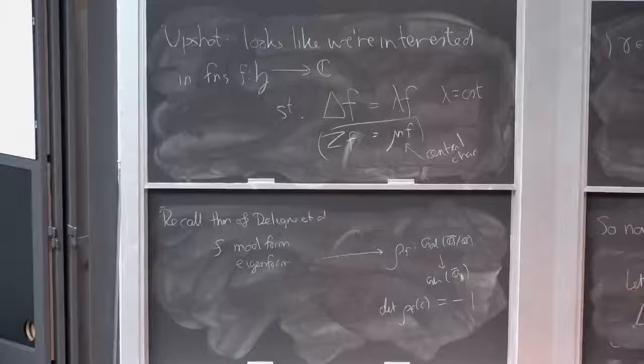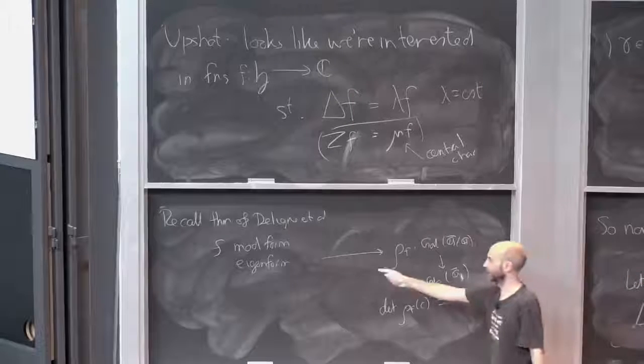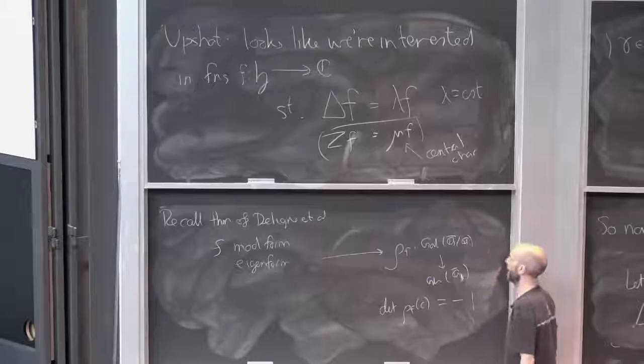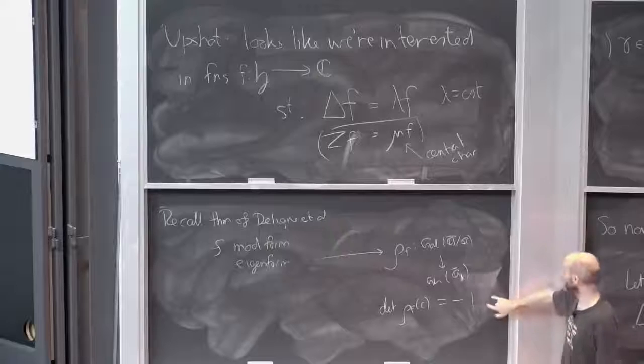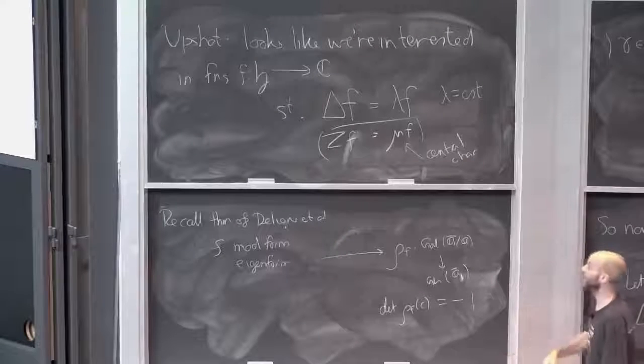In the simplest case, f has coefficients in Z, and the abelian variety is the elliptic curve attached to f. And then these are the Tate modules of the elliptic curve, and the reason that this determinant is -1 is because of the Weil pairing.